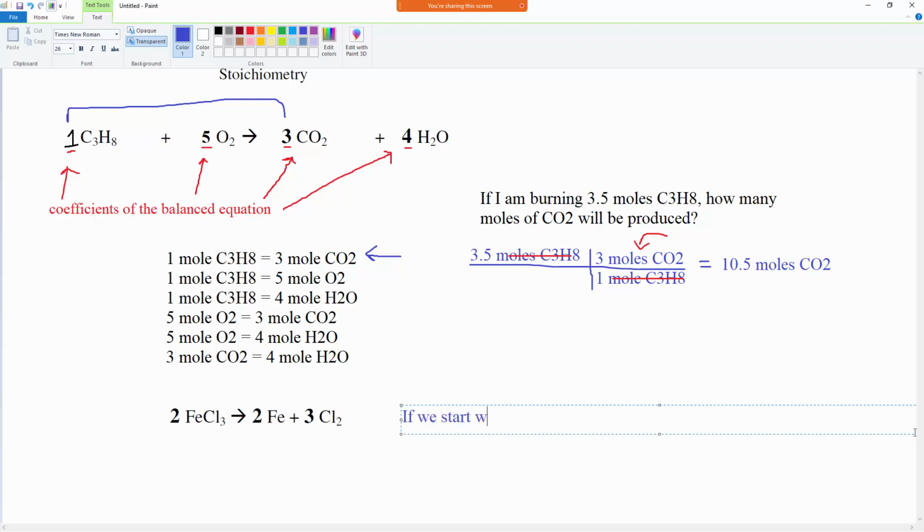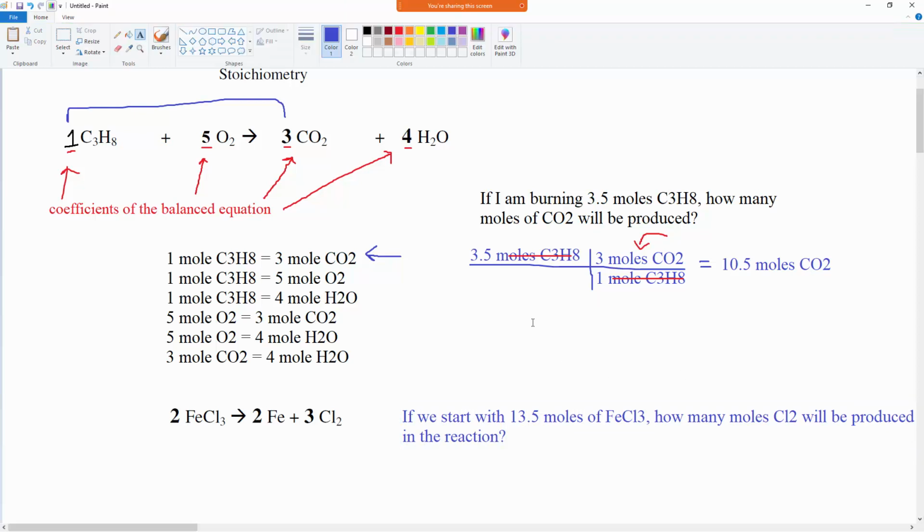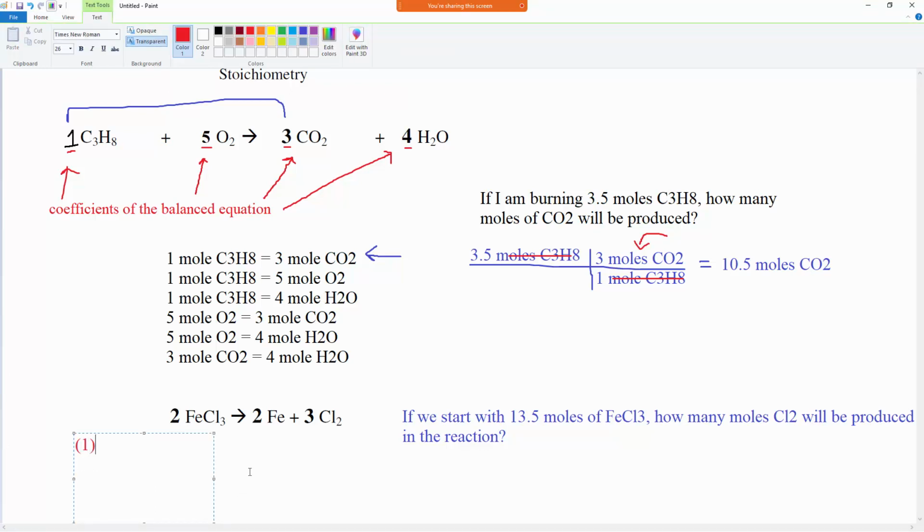If we start with 13.5 moles of FeCl3, how many moles Cl2 will be produced in the reaction? Okay, and we can still do our three-step thing. We didn't do it on this last one, but we still can. Step one is to identify what is being asked. What do they want to know?